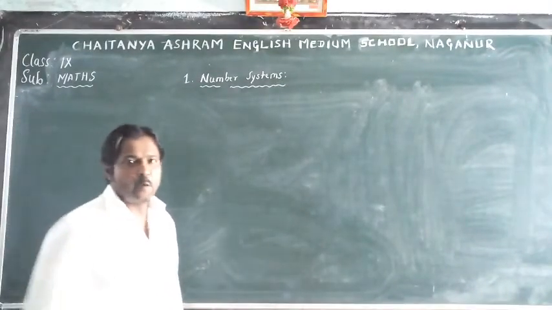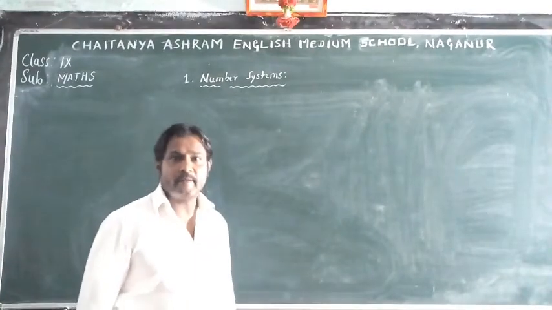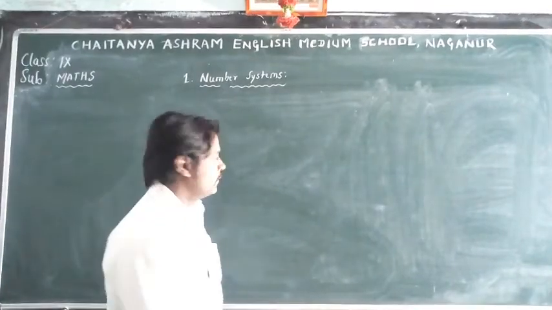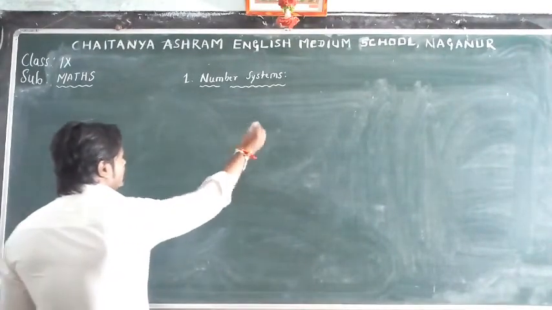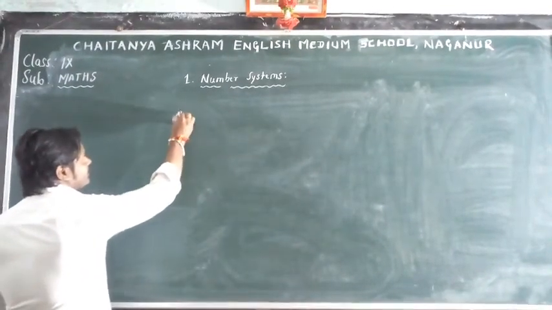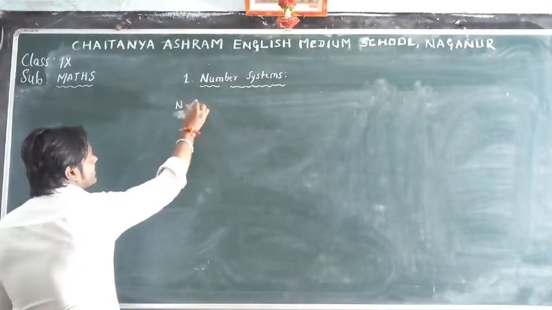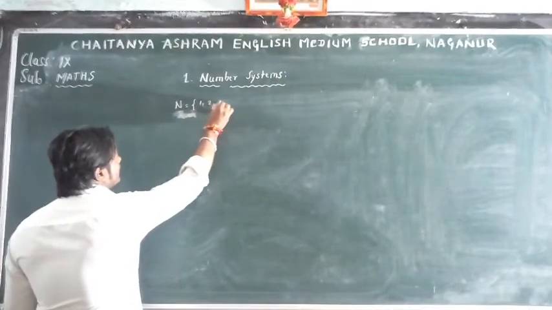In the previous video, we learned natural numbers, whole numbers, integers, rational numbers, and irrational numbers. Here, this is the set of natural numbers 1, 2, 3, and so on.